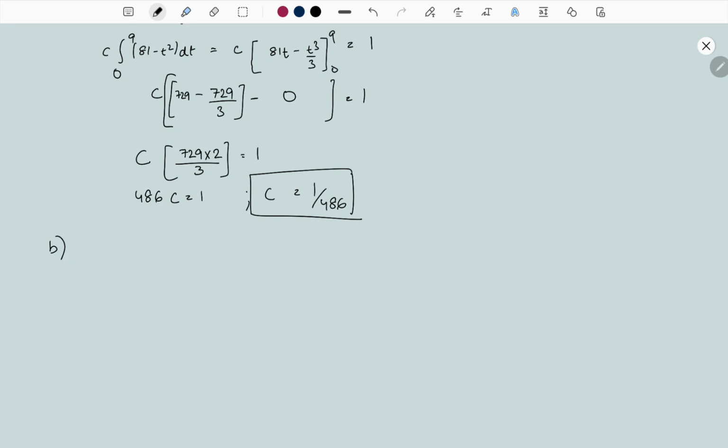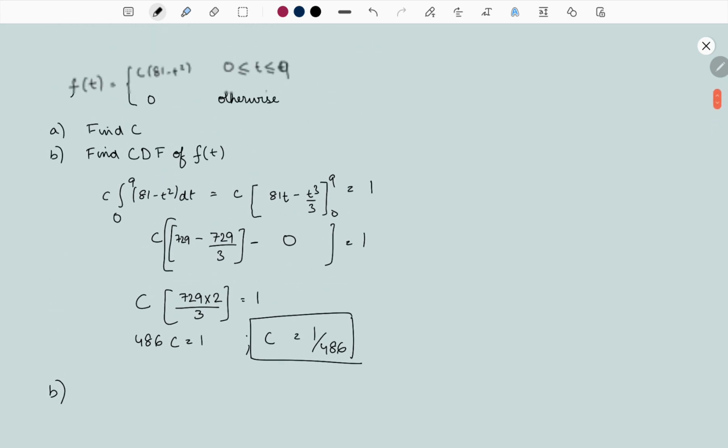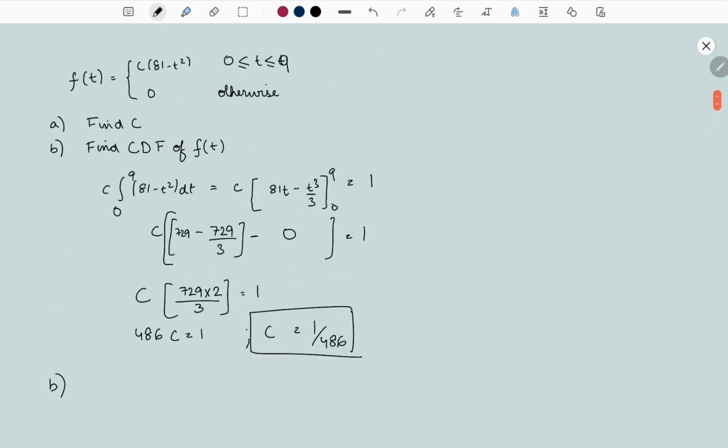As I told you before, a graph is a must, or you can say try to make the graph of these functions. Here c times (81 minus t square) is a quadratic equation. What is the zero of the quadratic equation?